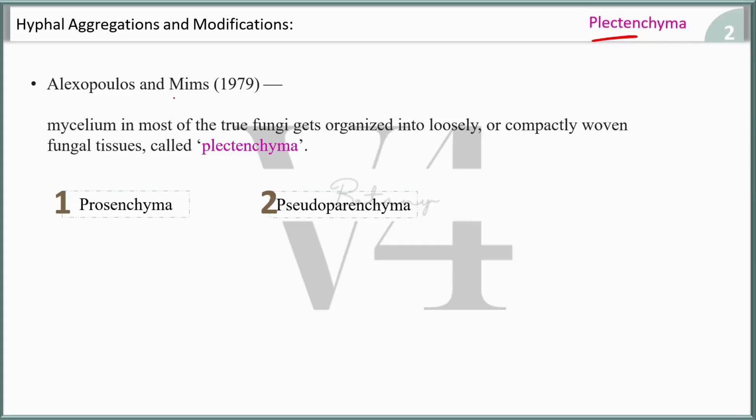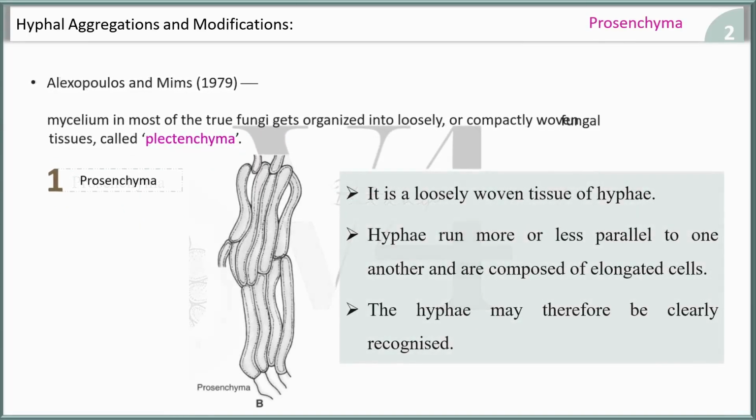Alexopoulos and Mims mentioned that the mycelium in most of the true fungi gets organized into either loosely or compactly woven fungal tissue, which is called Plectenchyma. Plectenchyma is of two types, Prosenchyma and Pseudoparenchyma. Let's understand what is Prosenchyma.